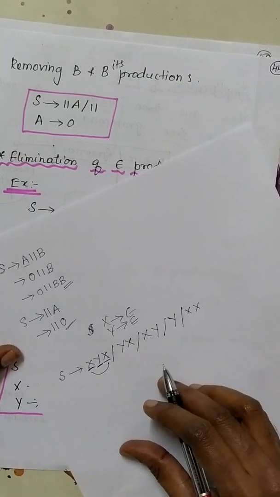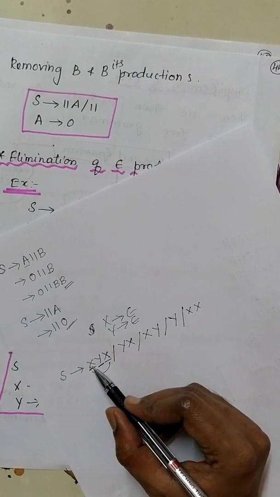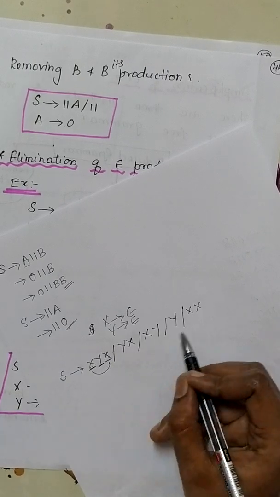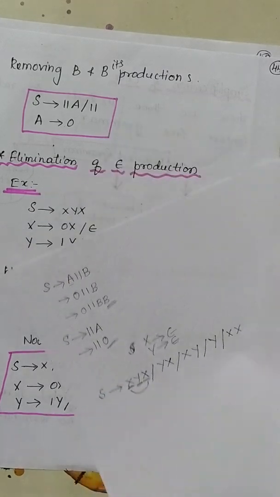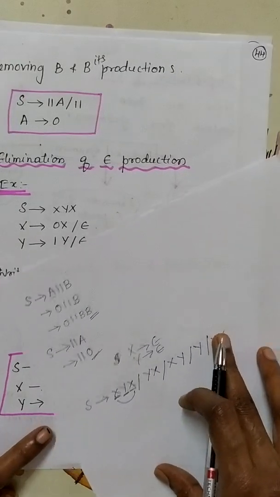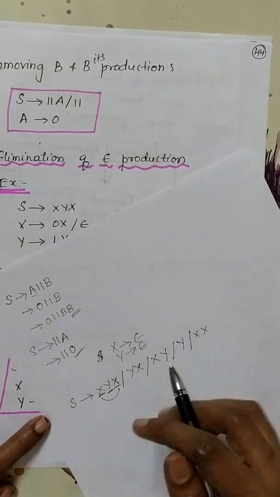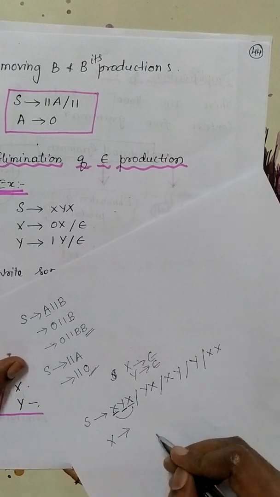So after eliminating, we have applied epsilon on the X and Y, and we got these many productions. Coming to the second one, that is X tends to 0X.